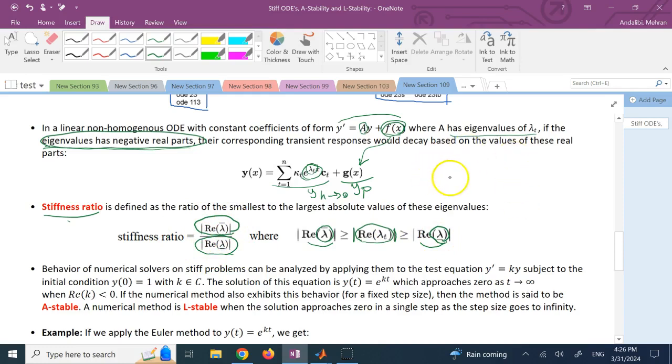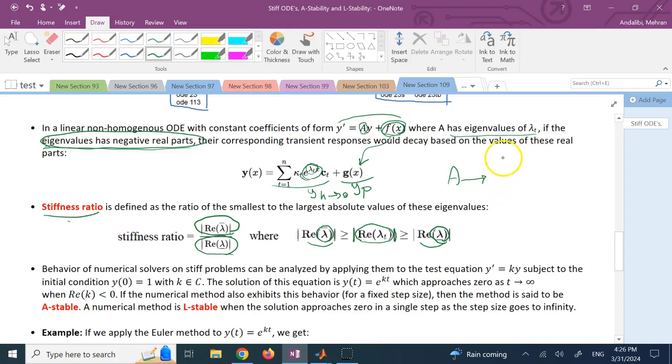So let's say, for instance, my A matrix has several lambdas. Because they show up in complex pairs, right?